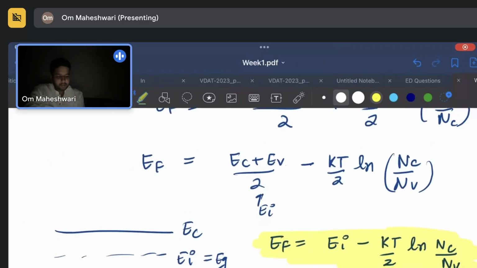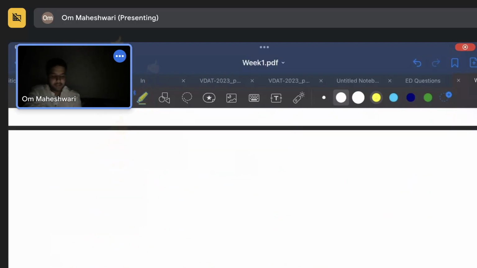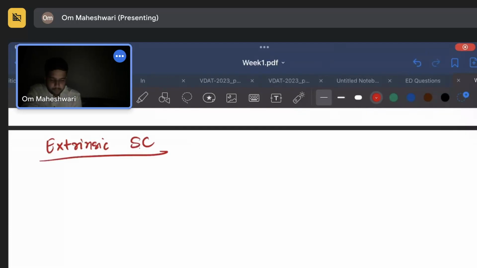So this was the case for intrinsic semiconductor. So now what will happen in extrinsic semiconductor? What is an extrinsic semiconductor? Where we dope the semiconductor.